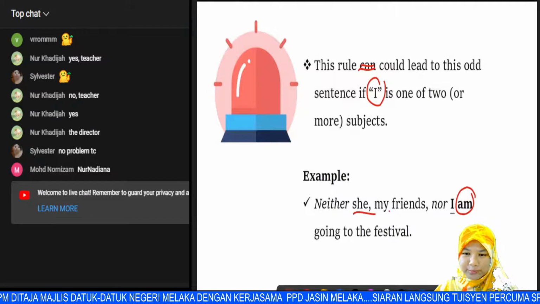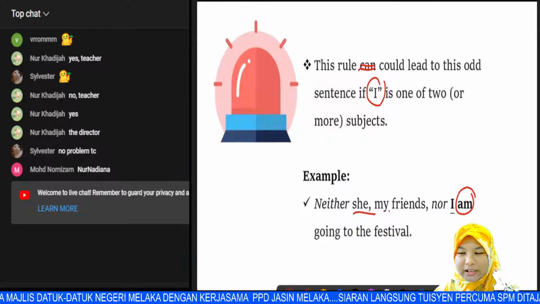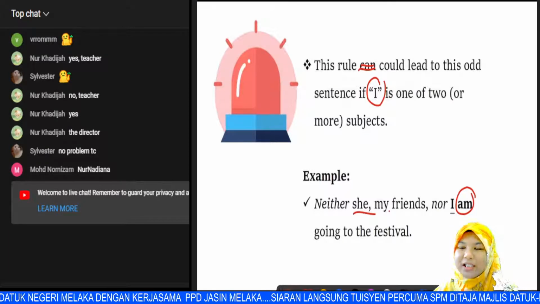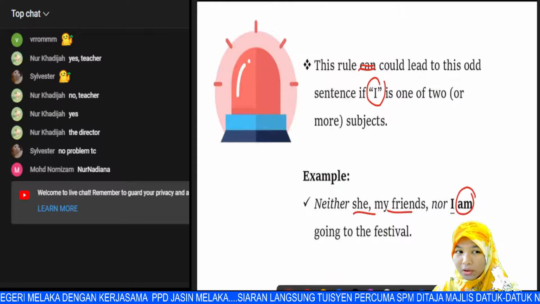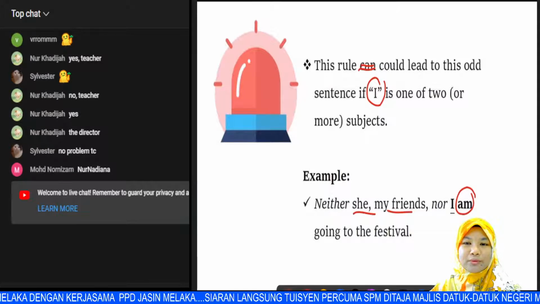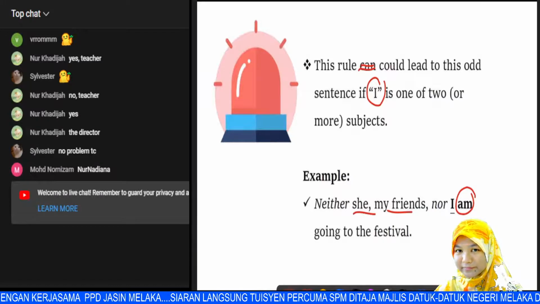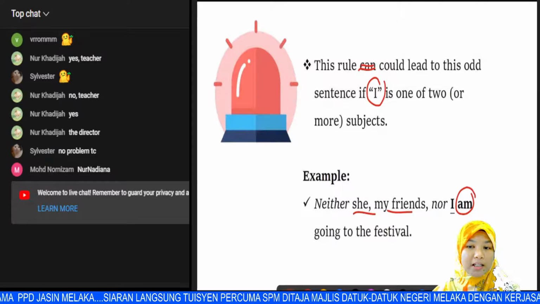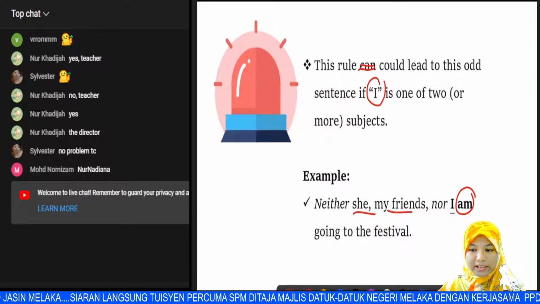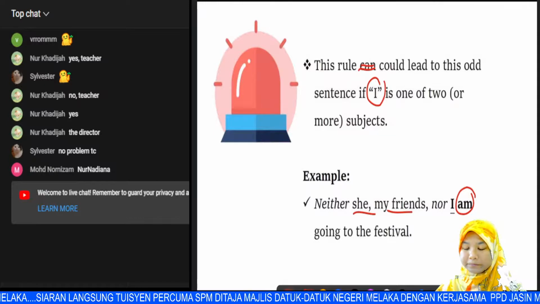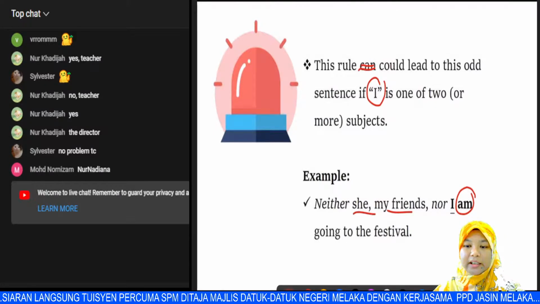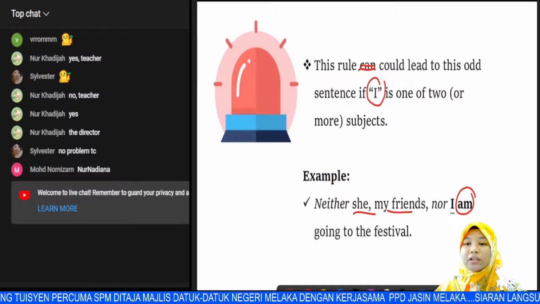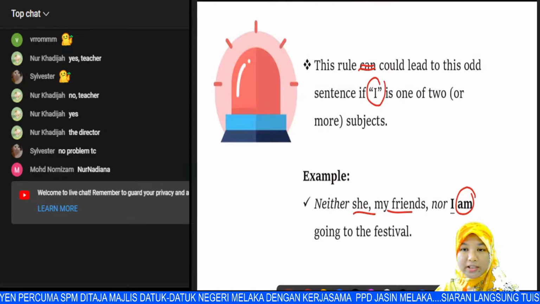Before you say the sentence is weird or awkward or odd, you need to always refer to the rule of subject verb agreement. For this case, the rule stated that the verb in or, either or, neither nor agrees with the noun closest to it.